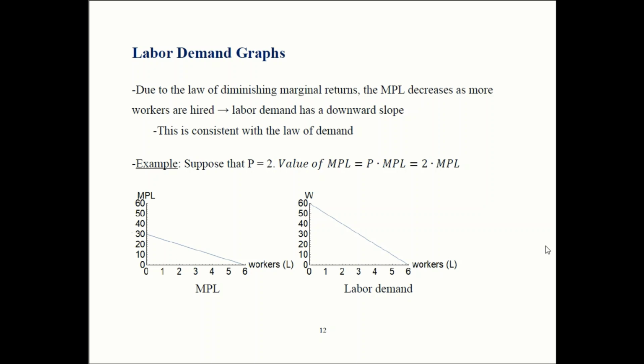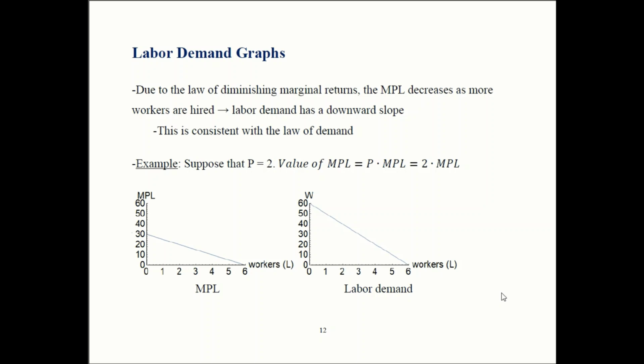So that's how you get the labor demand curve from the marginal product of labor. You see that derived demand still satisfies a rule we learned about way back in chapter 3. We learned about the law of demand. That told us that when a good gets more expensive, people buy less of it.